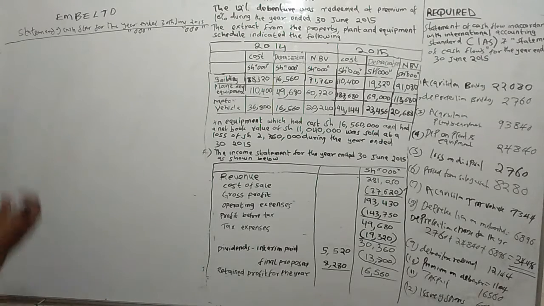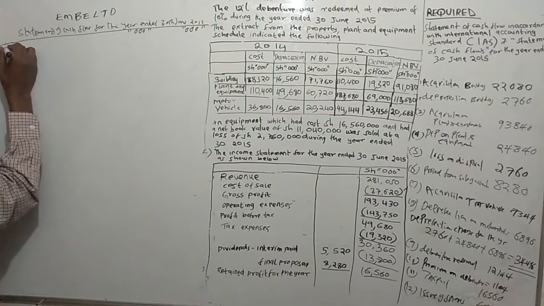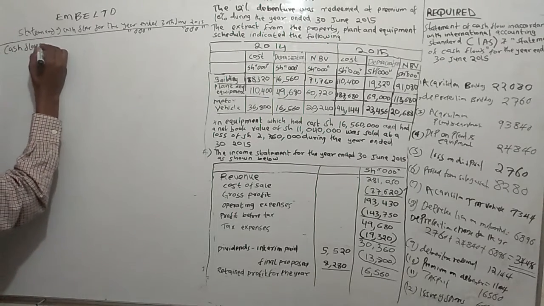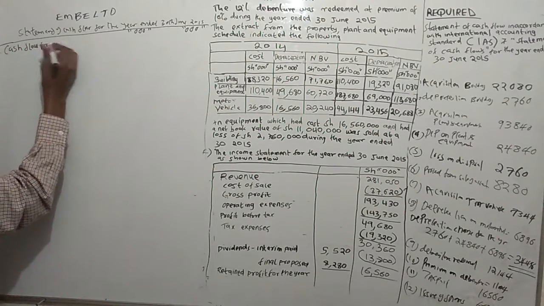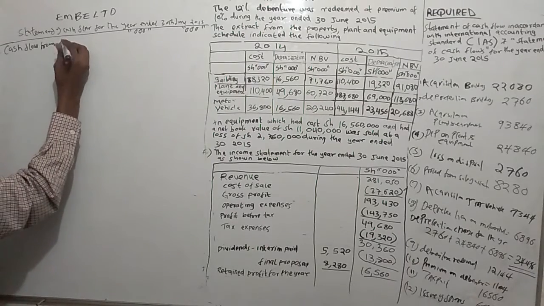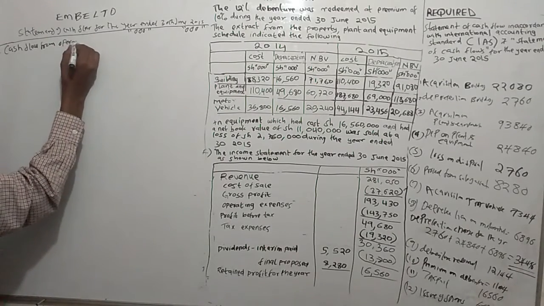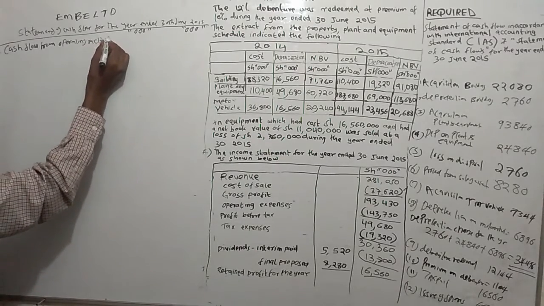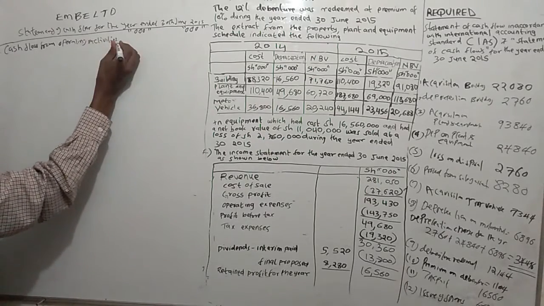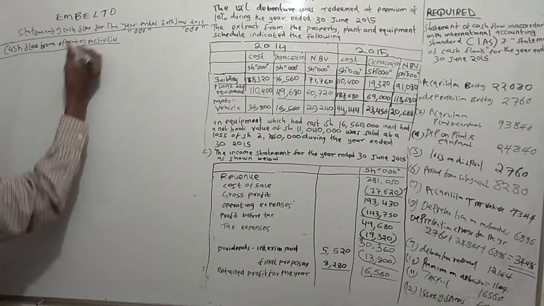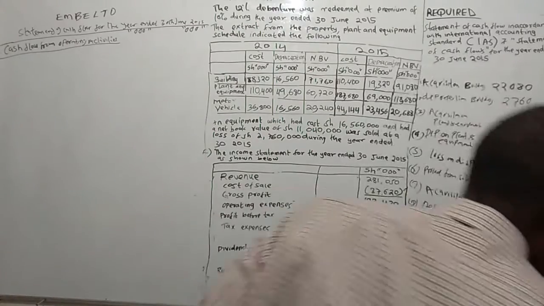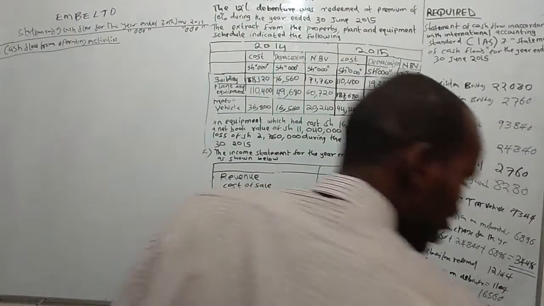Cash flow from operating activities. Now let's start with the net profit before tax. It's already here, so there's no need.